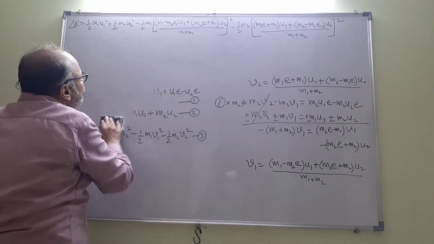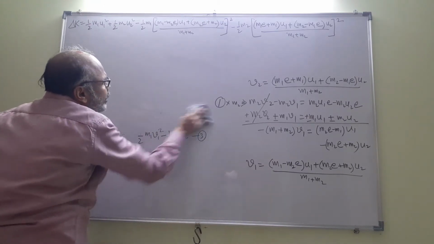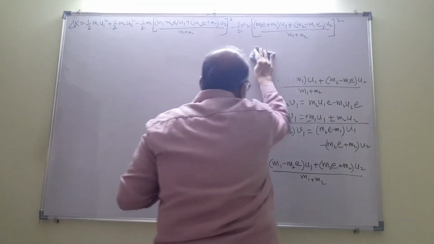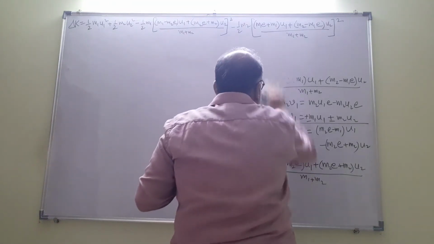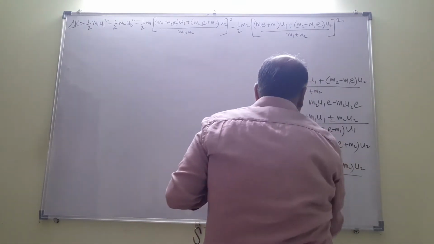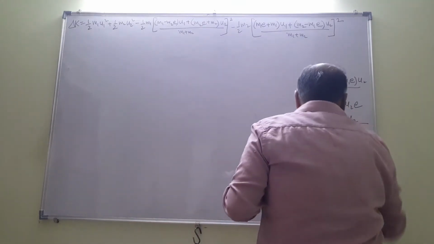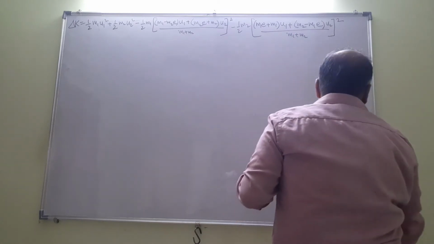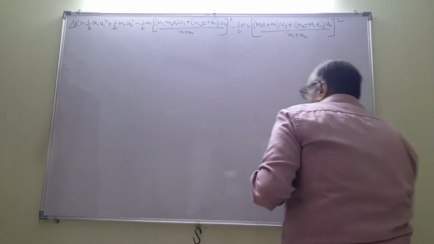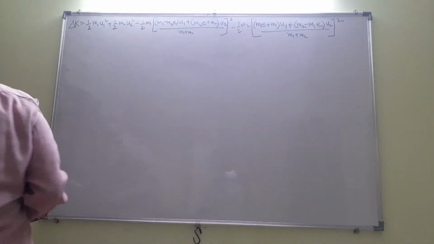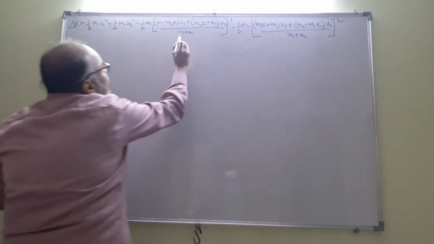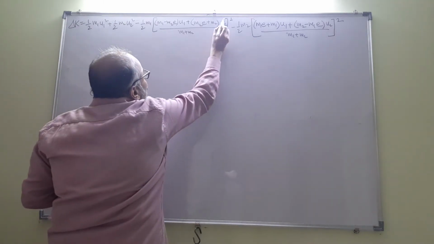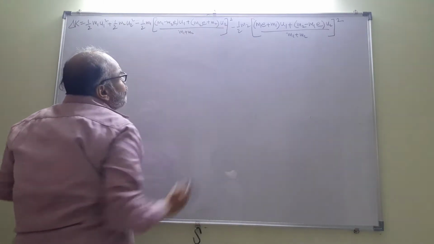To do this, we shall do one thing. If you observe the equation closely, here you are going to have a u1 squared term, a u2 squared term, and a u1 u2 term.